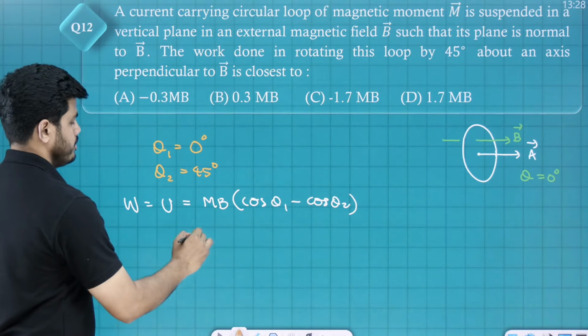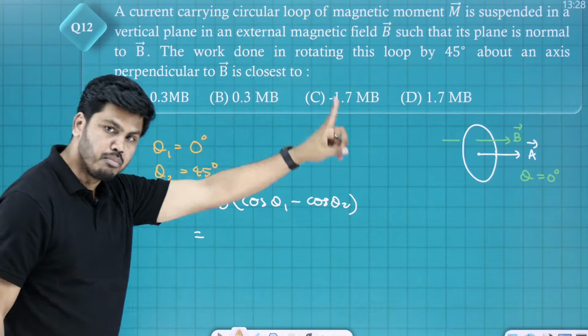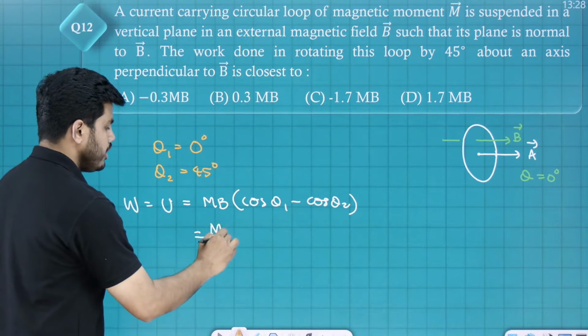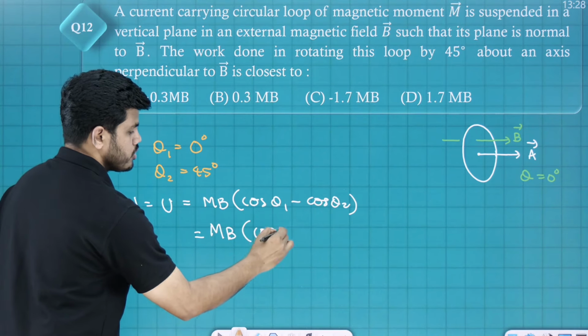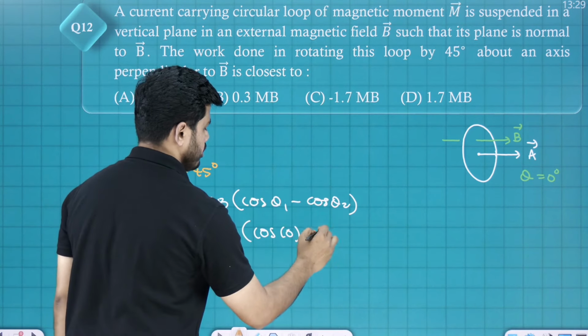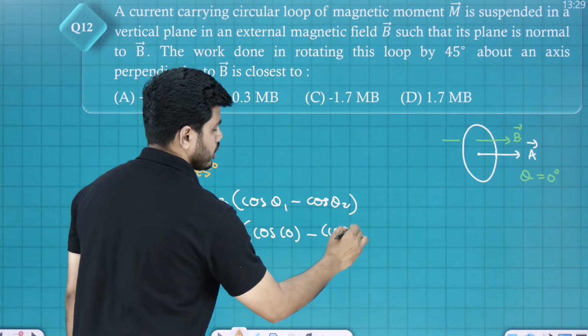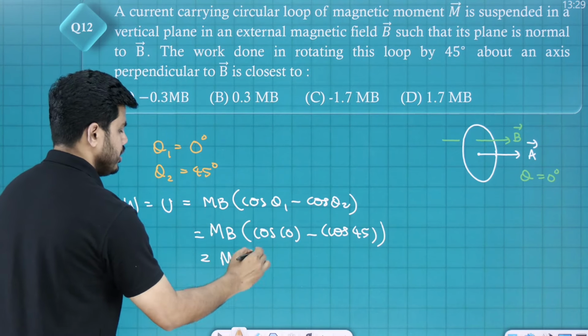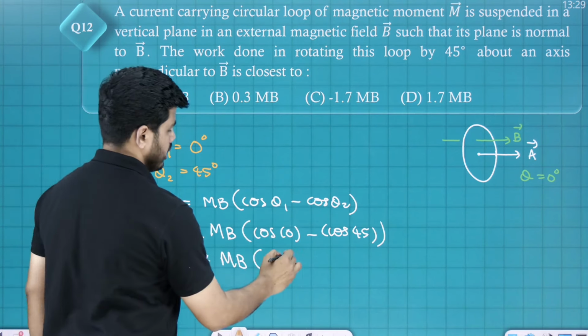Directly substitute the values. M is M only, B is B only, so we have M into B. Cos 0 is 1, minus cos theta 2, which is 45 degrees, that is 1 by root 2, right? Cos 45. Yes, so we can write MB into (1 minus 1 by root 2).